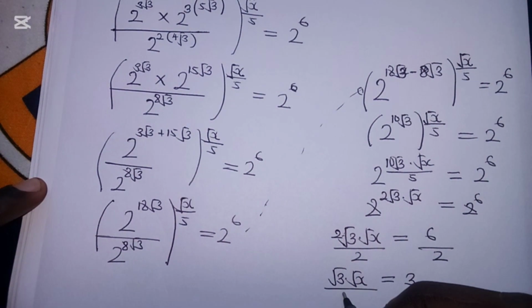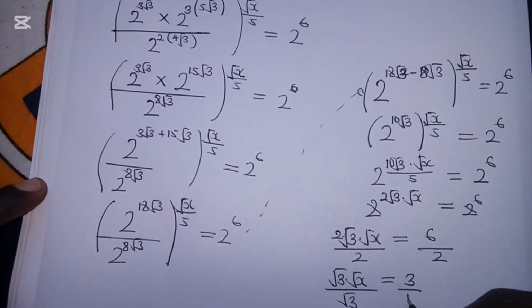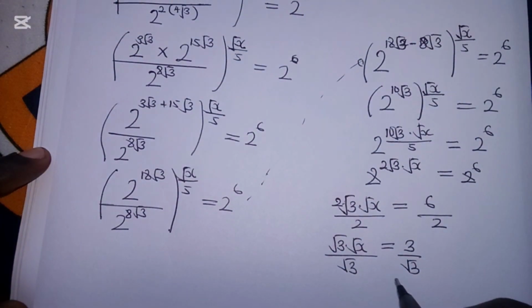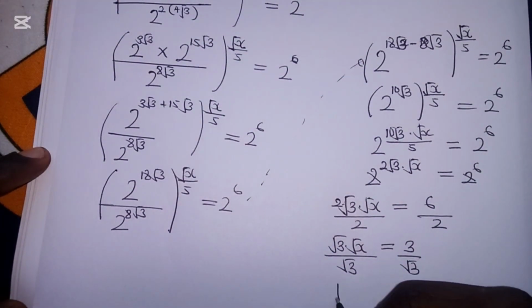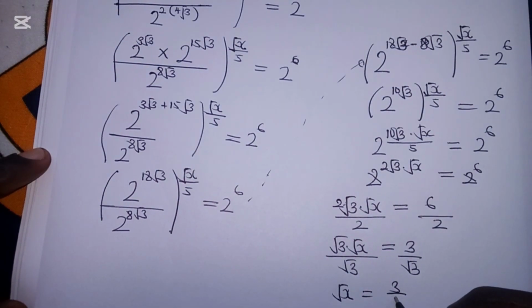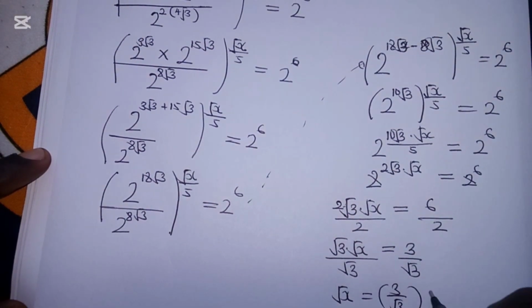Now we divide again both sides by root 3. Then if you divide both sides, you are going to have root x equals 3 over root 3. Now we square both sides.